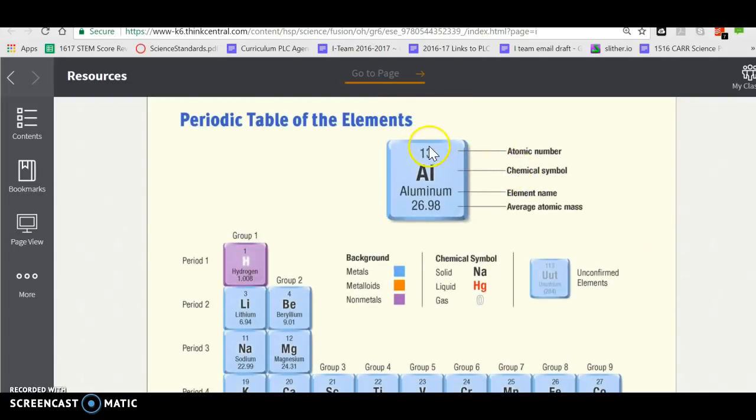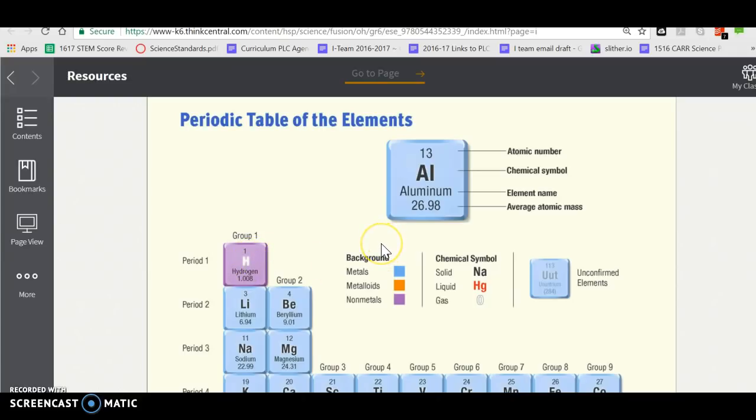So I'm going to stay on here. This top number, which is a nice whole number, is your atomic number. This 1 or 2 digit part is the chemical symbol. If it is one letter, like hydrogen, it's capitalized.